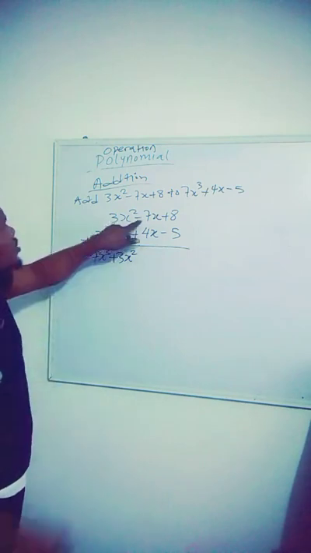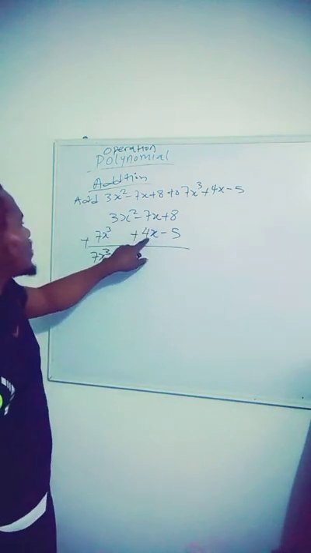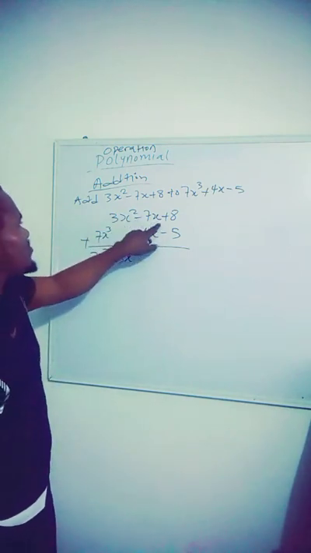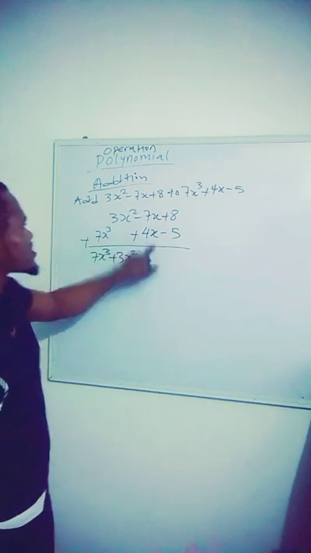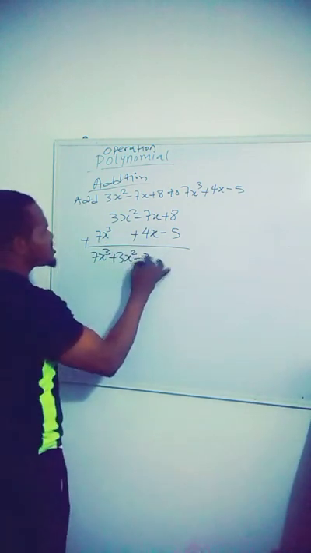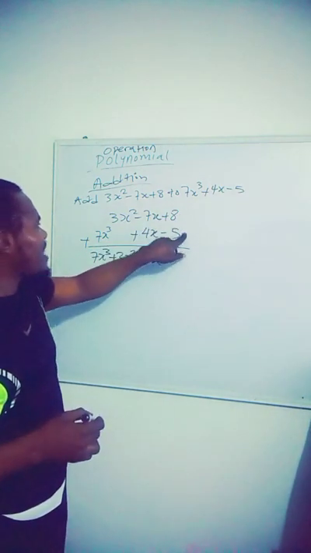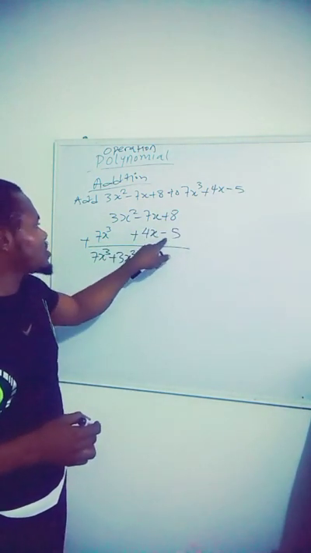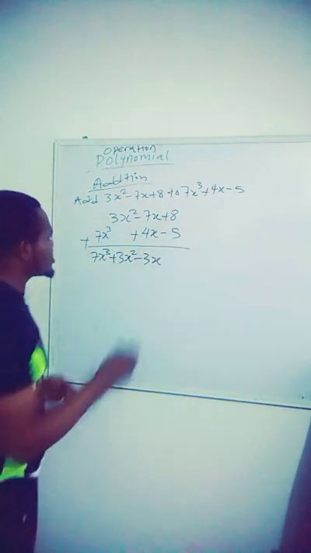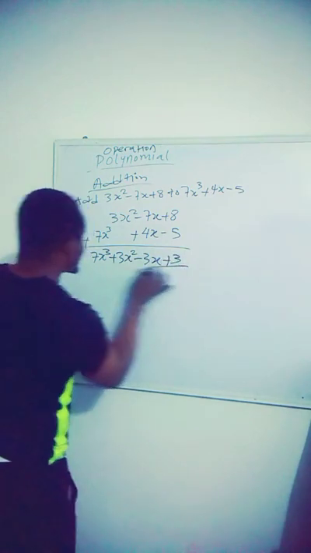Now, at this junction, we have minus 7x here and 4x here. This is minus 7x plus 4x. That will give us minus 3x. Then you move. This is 8 and this is 5. This is plus 8 minus 5. That is plus 3. So this is the answer.